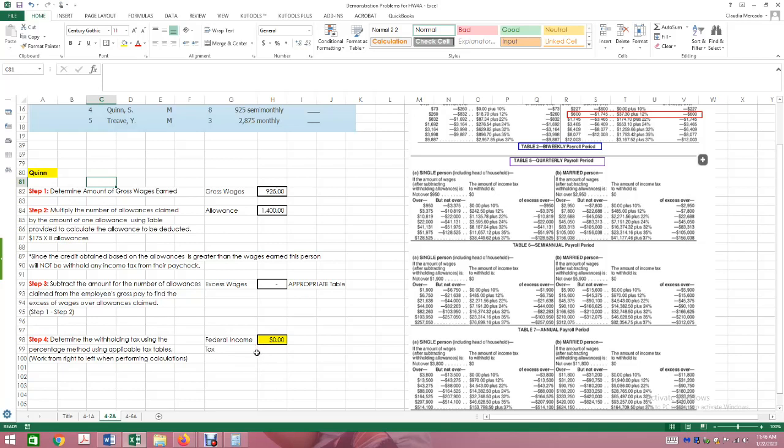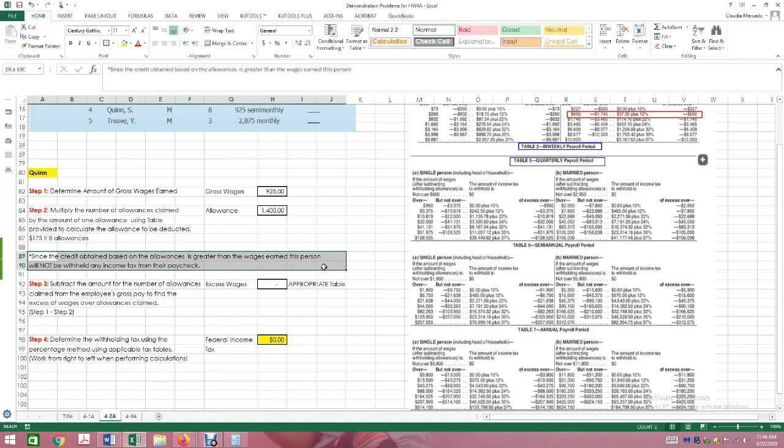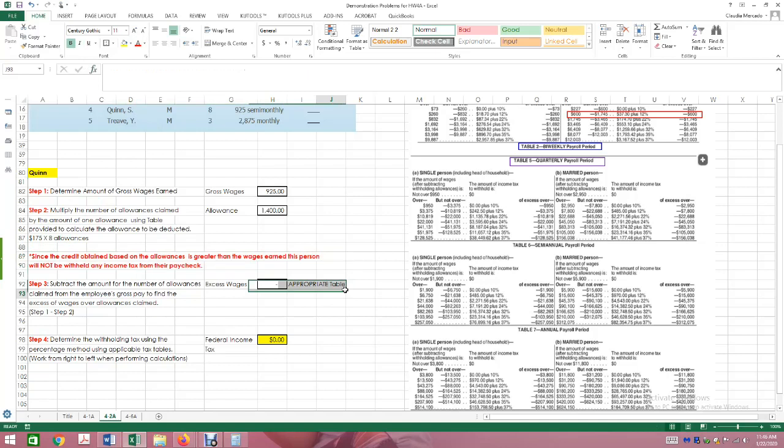So the federal income tax to be withheld from Quinn is 0. Why? Because the allowance is greater than the wages. Okay? Because the allowance is greater than the wages, then there's no tax due. So this is an important note right here. That is the reason that Quinn is not going to be subject to any federal income tax.